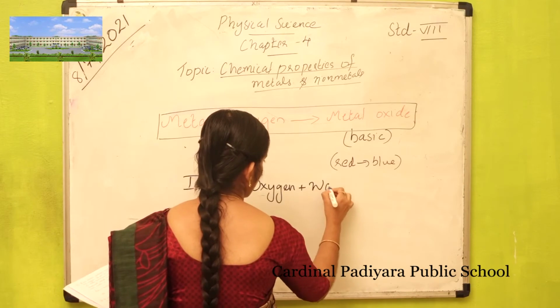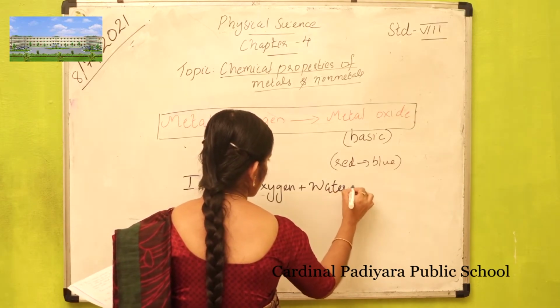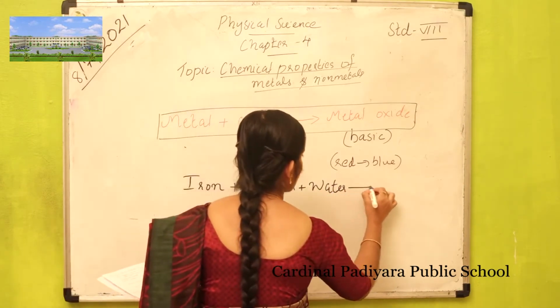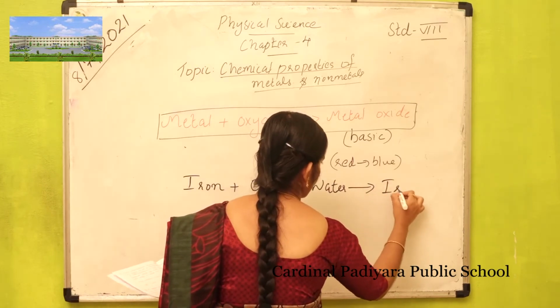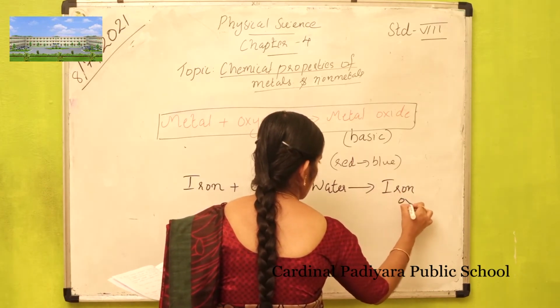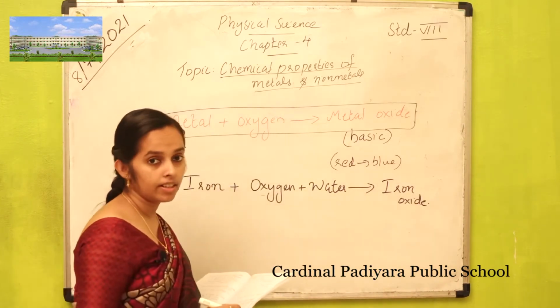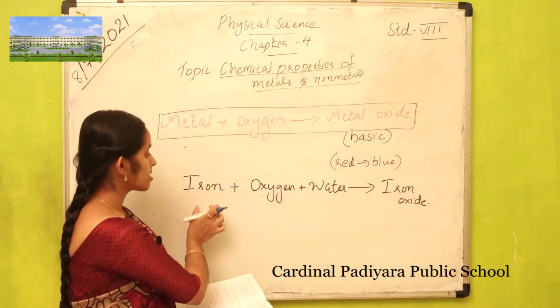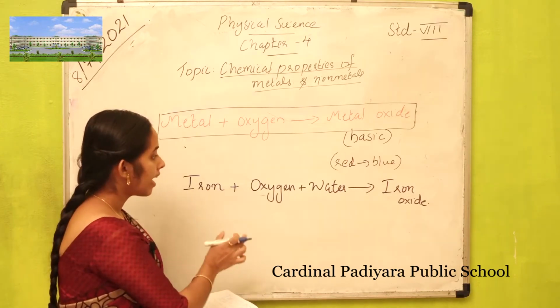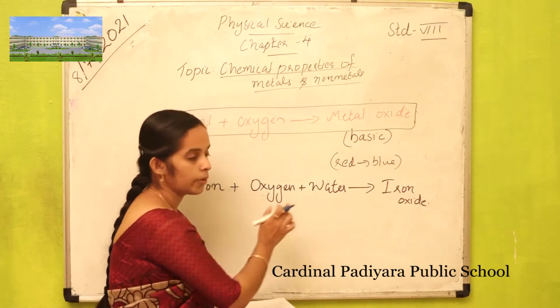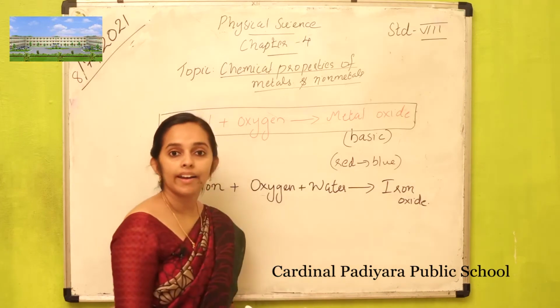The reaction happens in the presence of moisture or water to give iron oxide. Is it clear? Here I am taking a metal. Iron is a metal. It reacts with oxygen in the presence of moisture or water to form iron oxide.